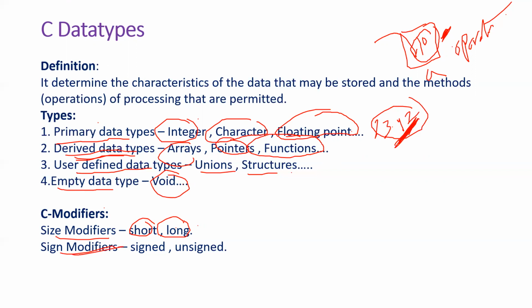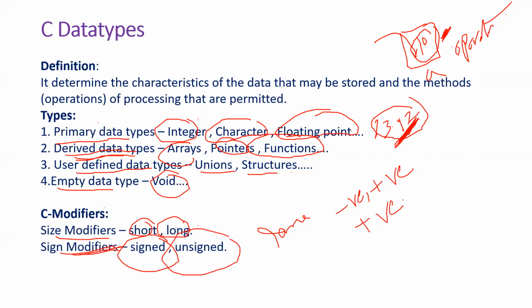The sign modifier affects the range of values: if you take signed values, it will consider both negative and positive values. If you take only unsigned, only positive values will be considered. The range will be the same, but the minimum and maximum values that we store will differ, because with signed we consider the negative values also, but with unsigned only positives, right?